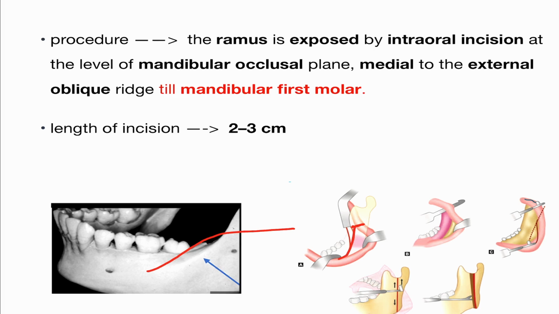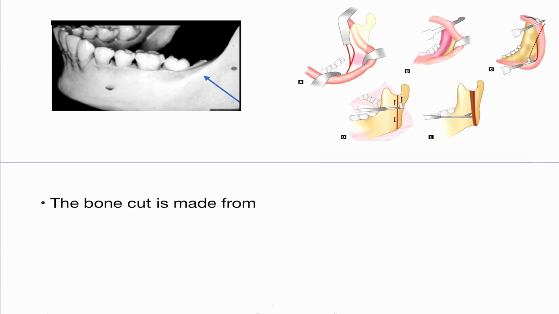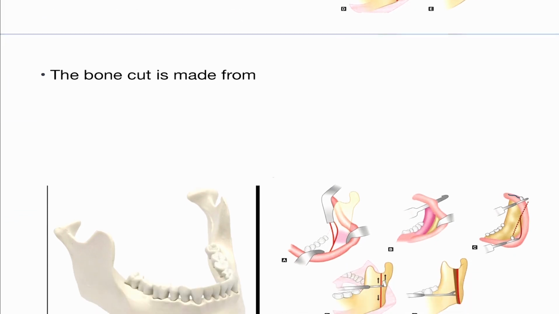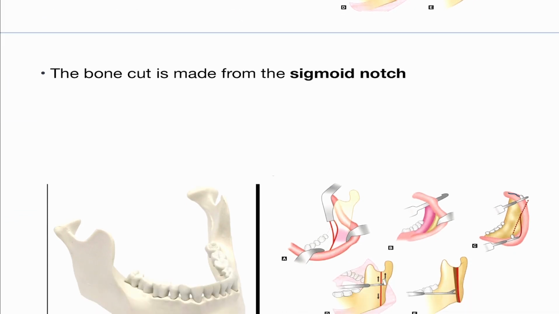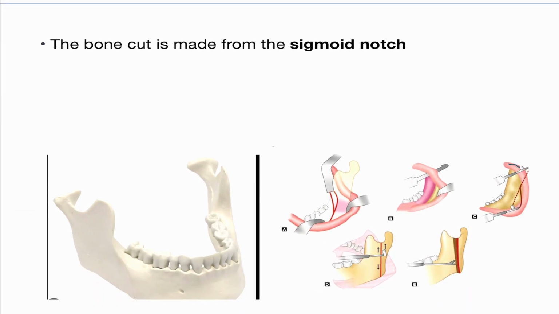The most important factor you have to note here is the mandibular first molar. If you want to forget the rest of it, it's fine, but you have to remember the mandibular first molar. Now, how is the bone cut made? It's from the sigmoid notch. If you have studied the anatomy, this is the sigmoid notch.